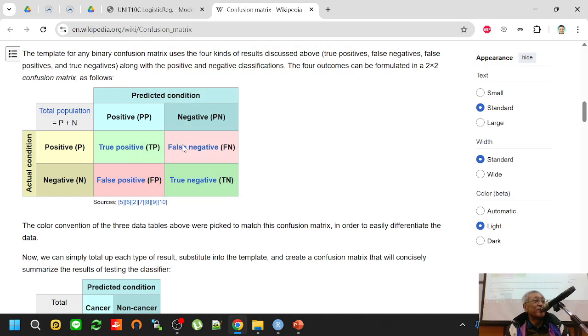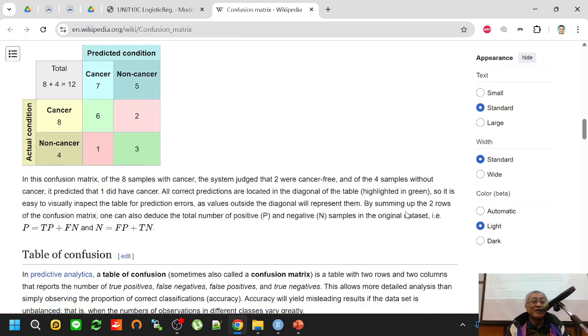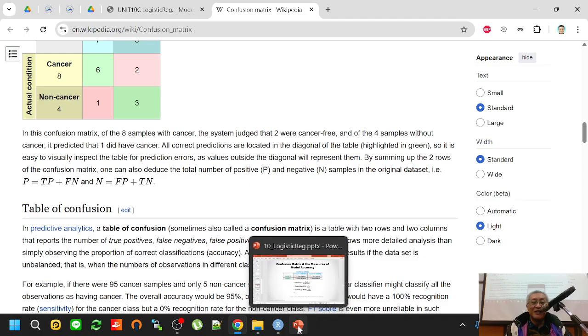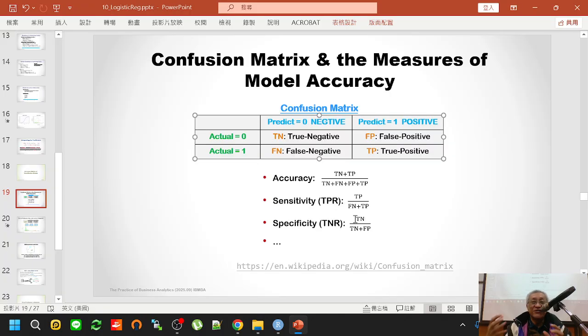You only have these 4 values, so this is quite easy. Any questions? This is the basis that we use to calculate the accuracy of a classification model.